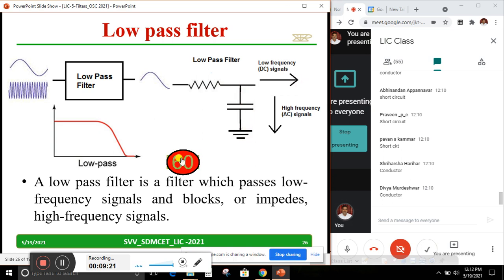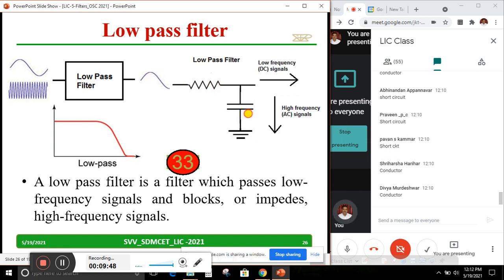Take 1 minute and copy this down. It's very simple how the low pass filter RC combination works. The amplifier we will see later. I just wanted to convey how this RC combination acts as a low pass. If you interchange the capacitor and the resistor, it blocks DC or lower frequency, and later it becomes a conductor at higher frequency.